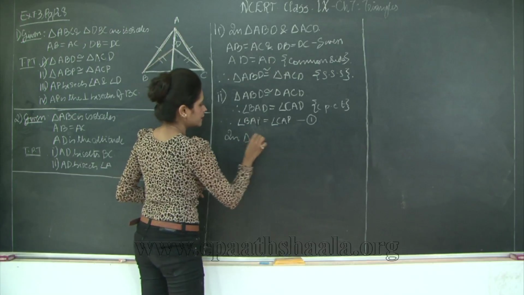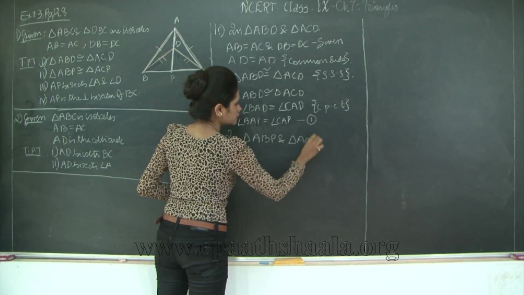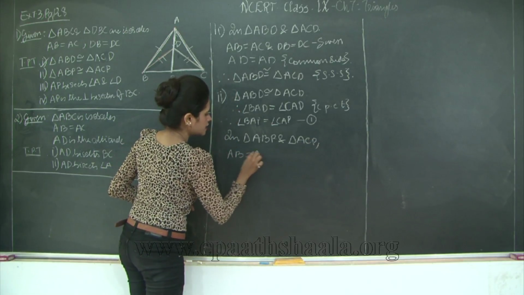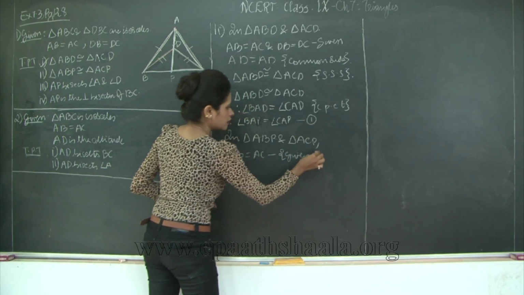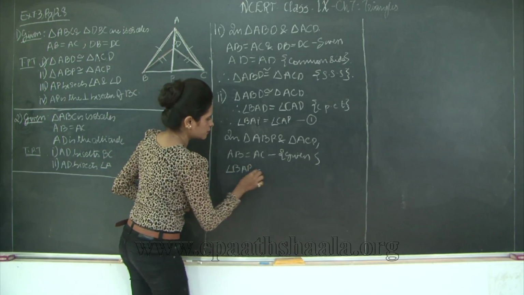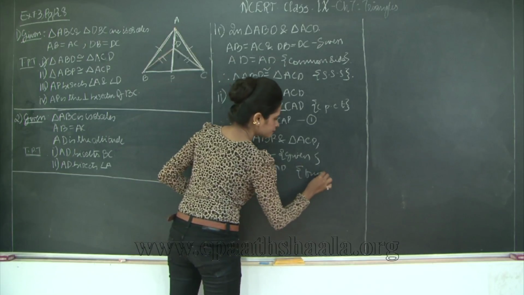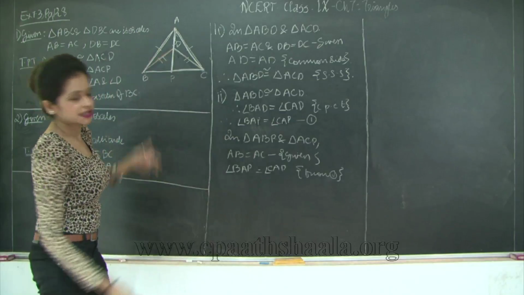So now let's go ahead and prove the two triangles congruent. In triangle ABP and triangle ACP, I have AB is equal to AC, which is given. Also, I have angle BAP is equal to angle CAP from 1. And what else do I have? I have AP is equal to AP. Why?